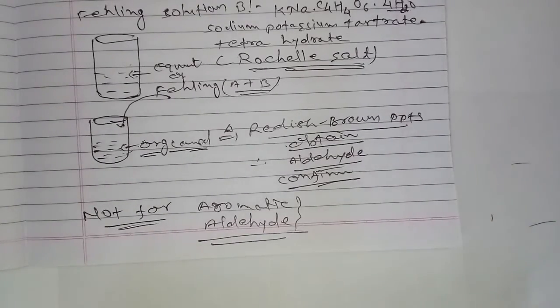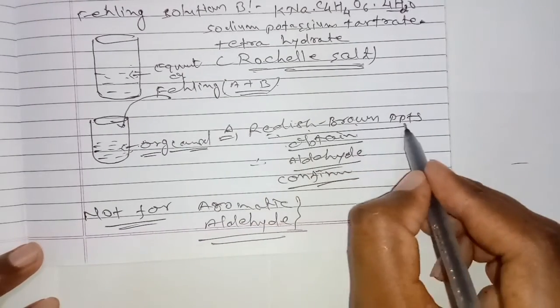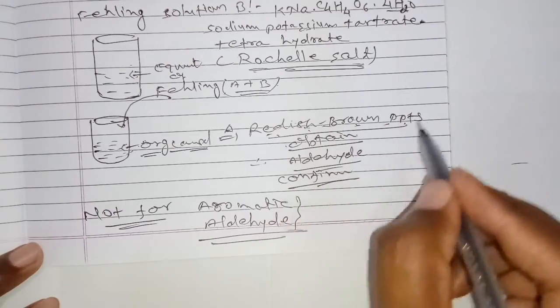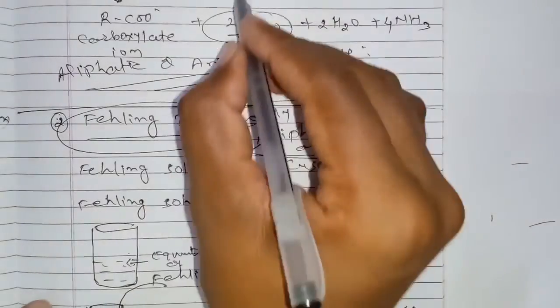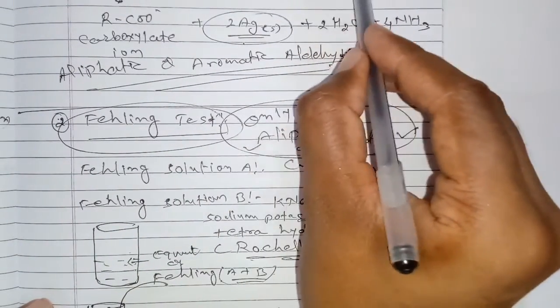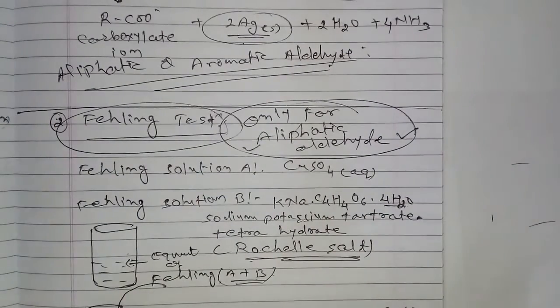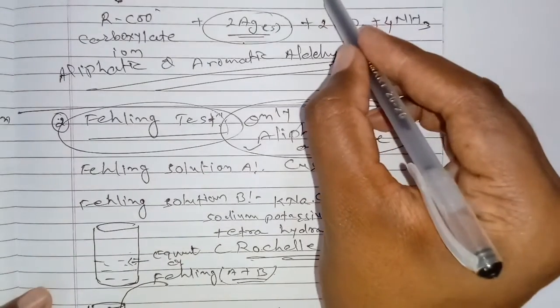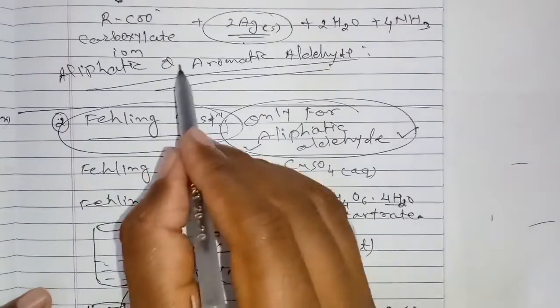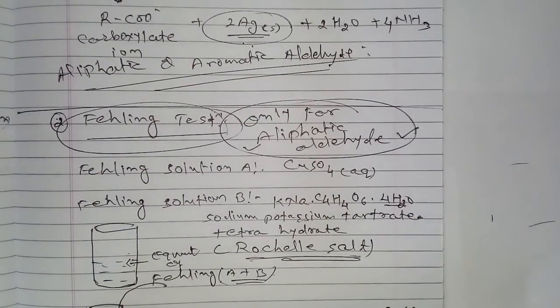If no reddish brown precipitate is obtained, or silver is not produced inside the test tube, that means ketone is present. If silver is produced, that confirms aldehyde is present.